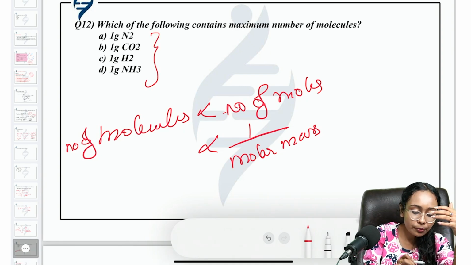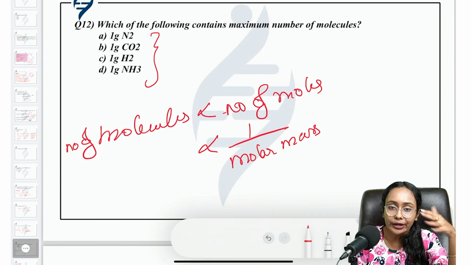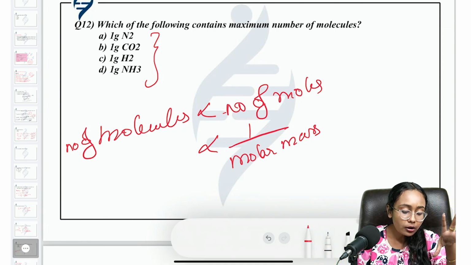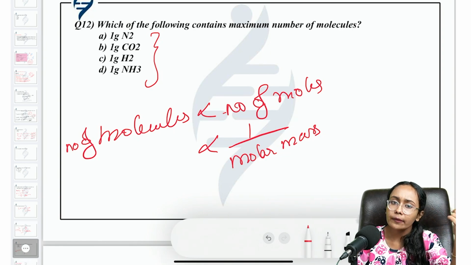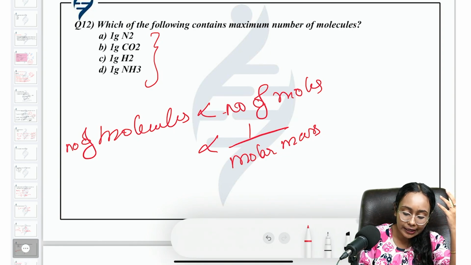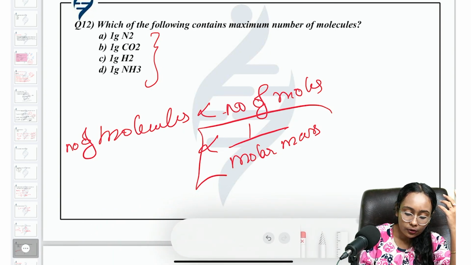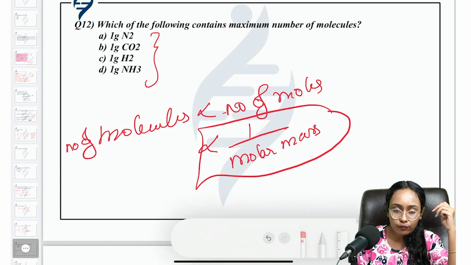So in the question provided here, you don't have to go into detail like calculating the mass of N2 separately, calculating the mass of CO2, calculating the number of molecules in H2, calculating the number of molecules in NH3. Don't waste your time doing all those. From this relation, we can easily say which one has the highest number of molecules.